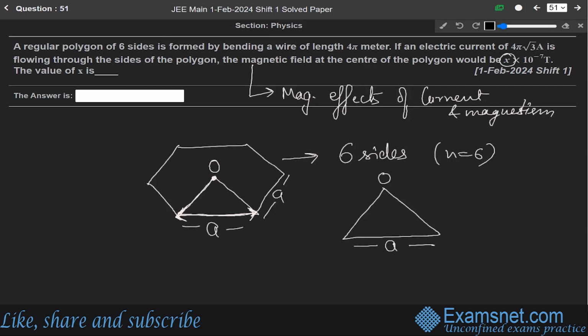According to the question, a wire of length 4 pi meter is bent to make the polygon. So the total length is 4 pi meter. So A will be equal to 4 pi by 6 meter, meaning one side of the polygon is 4 pi over 6 meter.